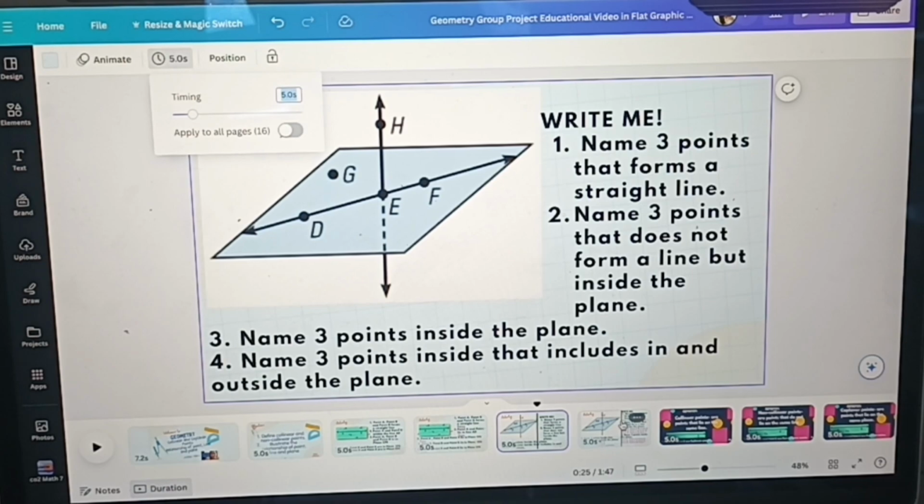Give me points located inside your plane together with a point or points located outside your plane. Just give me 3 combinations of points. I'll give you another minute to answer the following activity. Your time starts now.